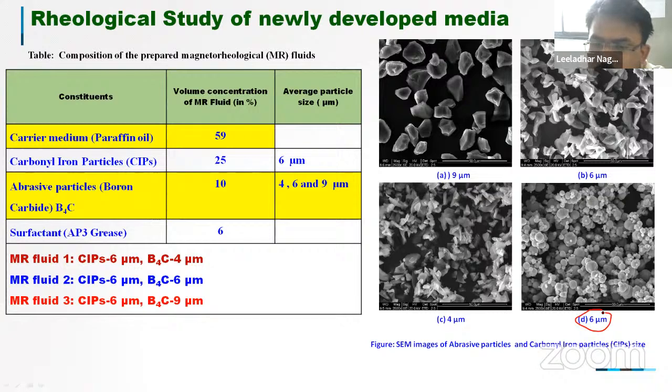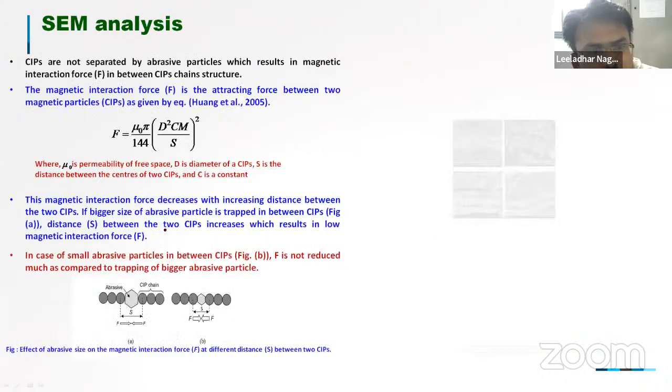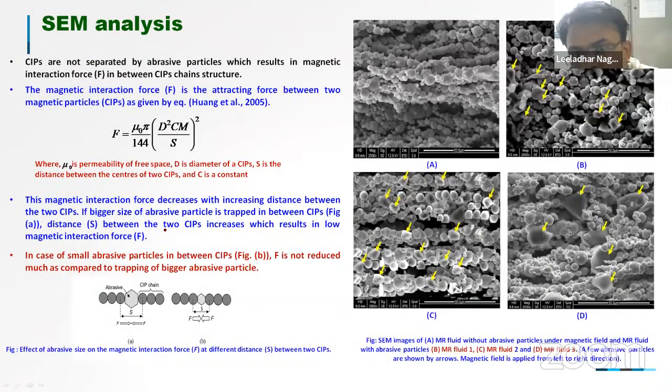We have to go for scanning electron microscopy, where we can see the structure and shape of the abrasive particles and iron particles. So we have mixed all this and made the MR fluid. So this is all about the analysis of the fluid.